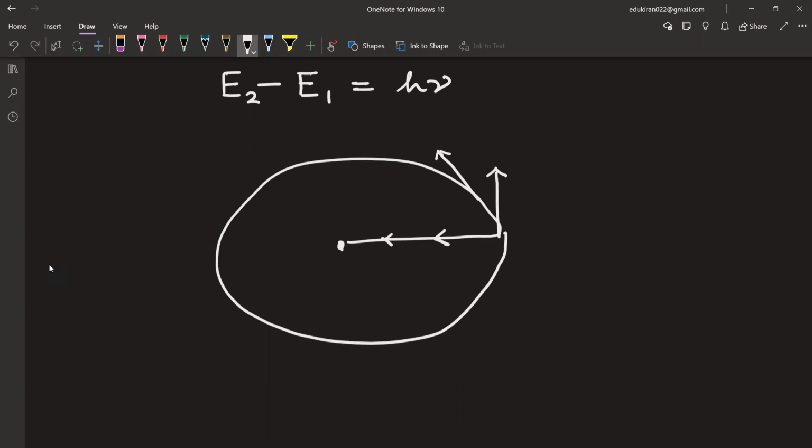If you let go, it will go straight like this, it will not keep revolving in circles. If you just leave it at once, it will go tangentially. So there are two forces acting. One force is keeping the stone in the same orbit, and the other force is acting tangentially this side.